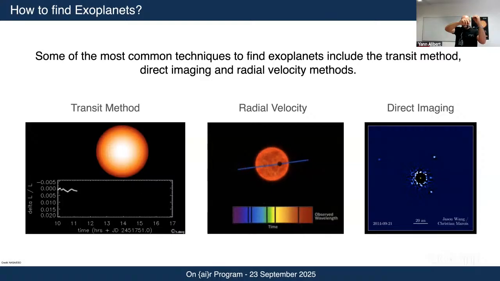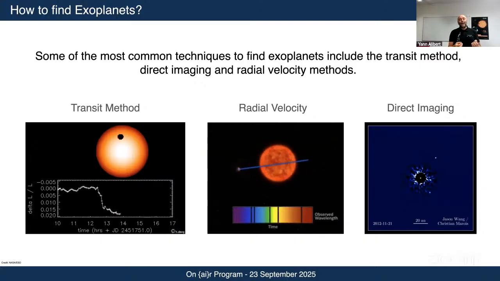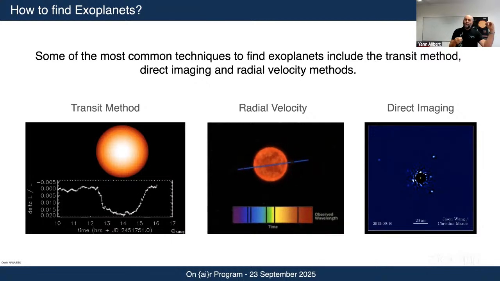Maybe it will not transit, but because of a gravitational interaction between the planet and the star, actually it's not the planet that rotates around the star, it's that they both rotate around what is called the center of mass. So it means that when you have a star and a planet, the star will move a little bit towards us and away from us.